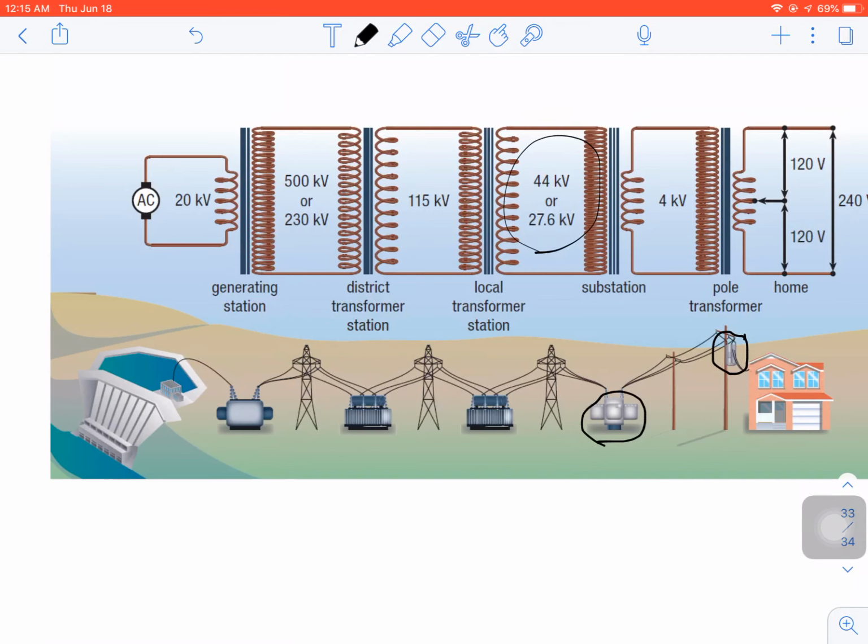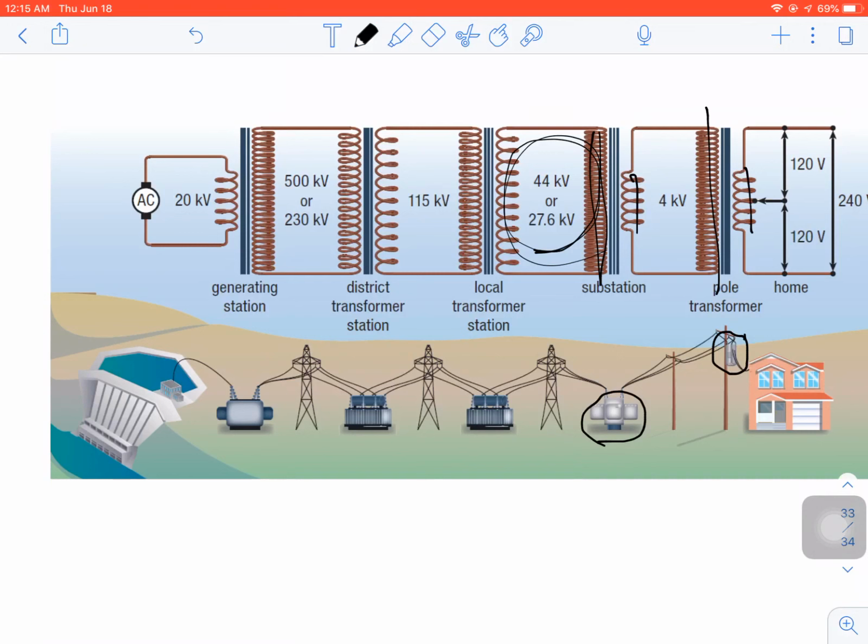And what they're doing is they're taking the electrons that have still too high a voltage, and I'm stepping them down again to a lower voltage. So again, notice that I've got a lot of coils, loops on one side, and then smaller on this side, and then to get from 4,000 down to the 120 that I need to go into my two lines in my house, I've got the large number of loops on one side of my transformer and a small number of coils on the other side, and that's a step-down transformer too.